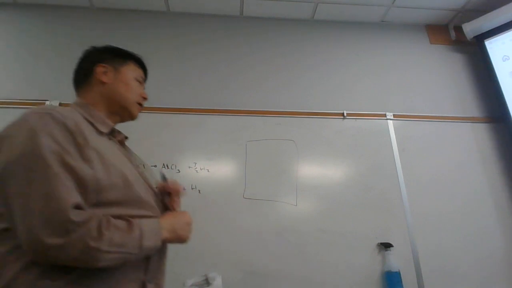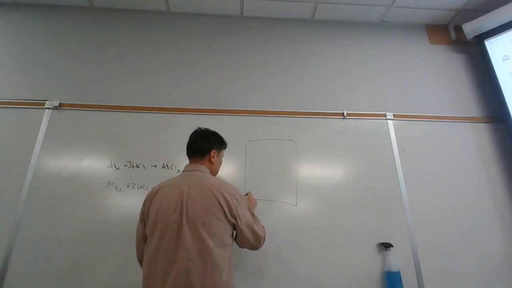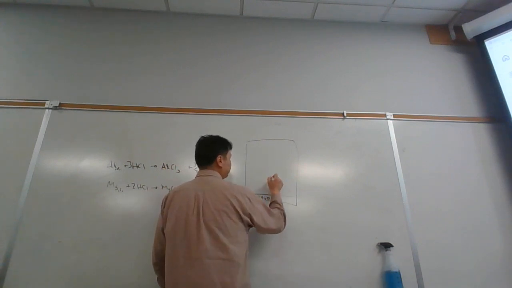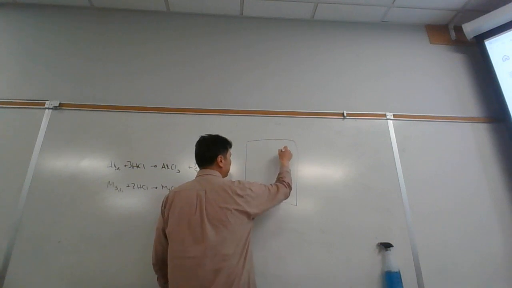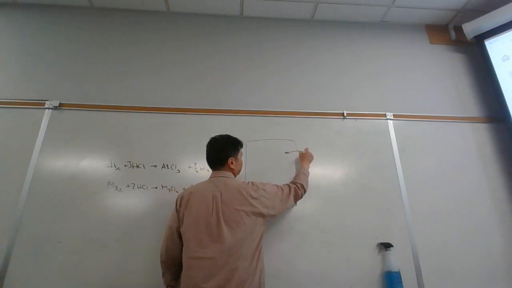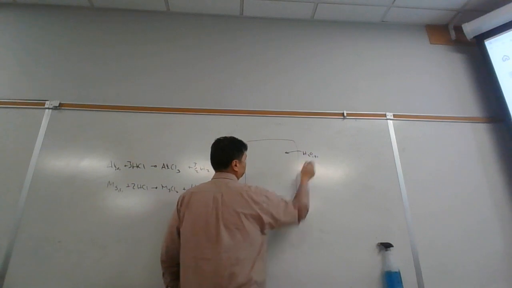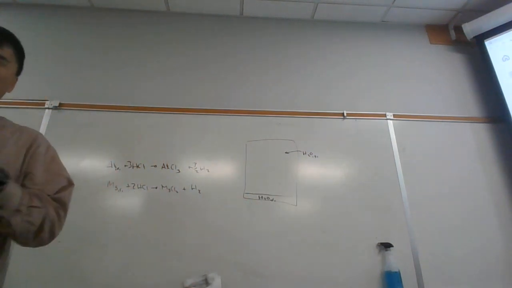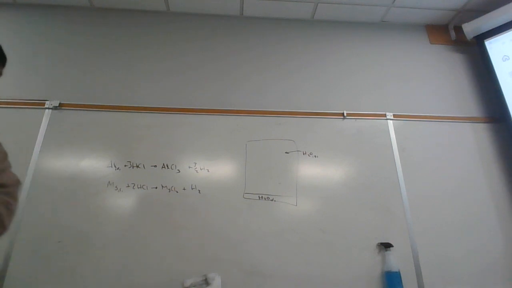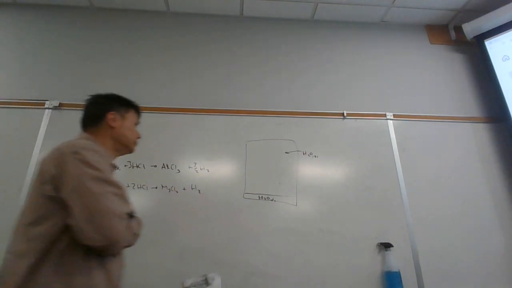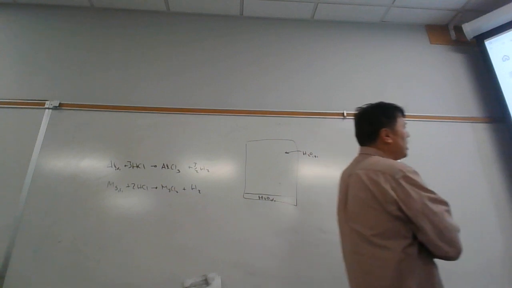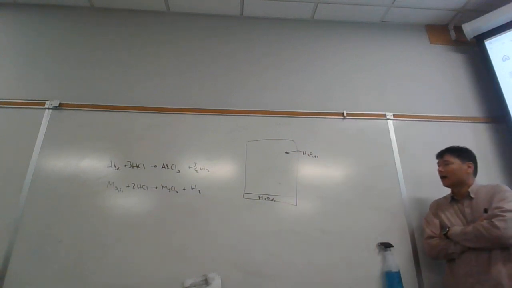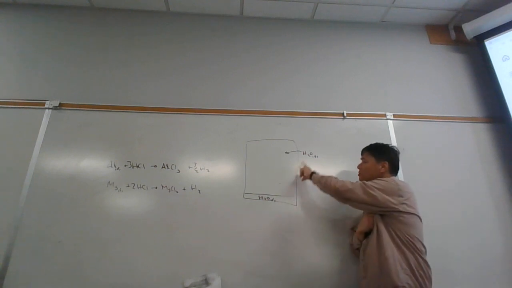Now, there are 2 ways of handling how much water vapor is in here. This is liquid water, and then we have water vapor. We can figure out of this volume how much is water vapor.